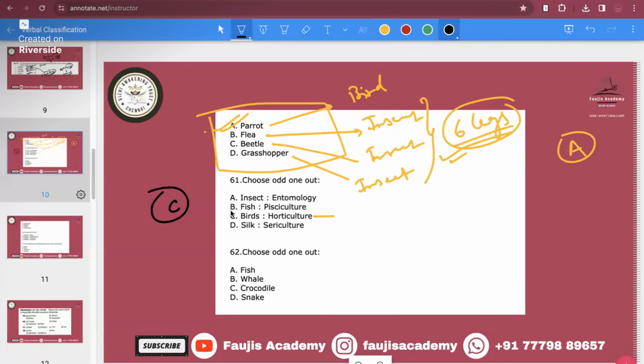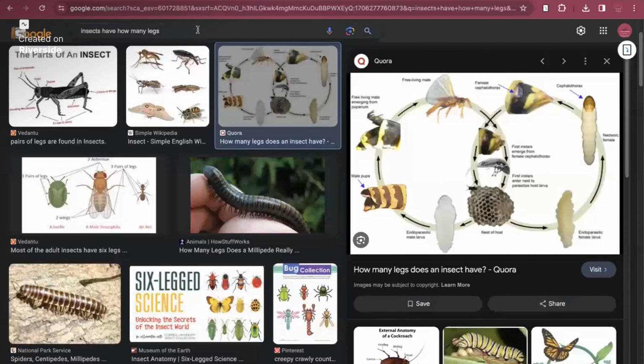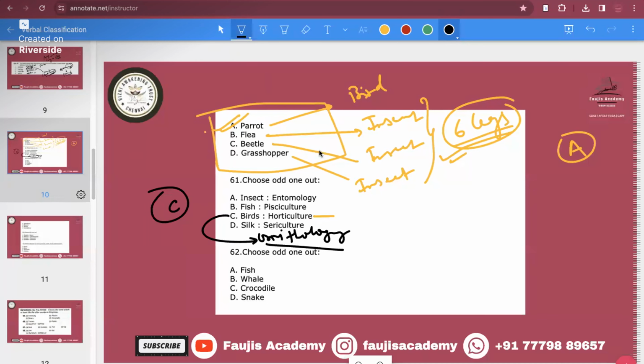And what is the study of birds called? Ornithology. Please pardon my spelling. Let me just check the spelling once again. So the study of birds is called ornithology.